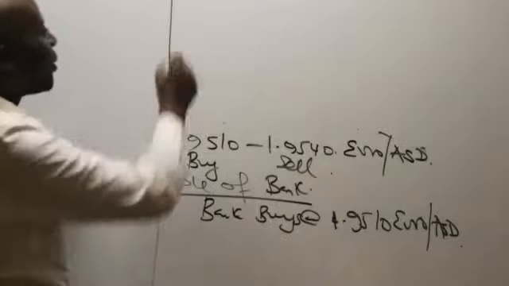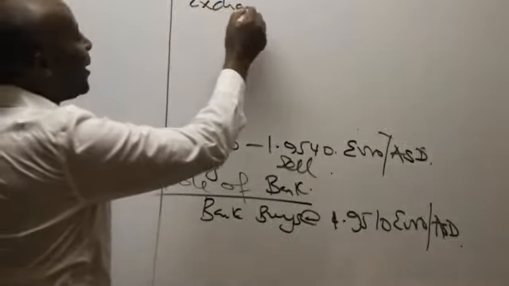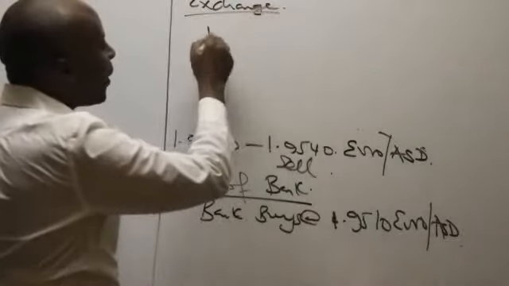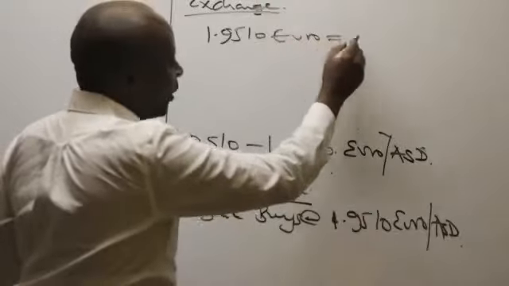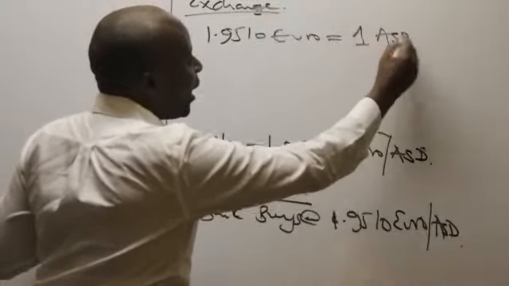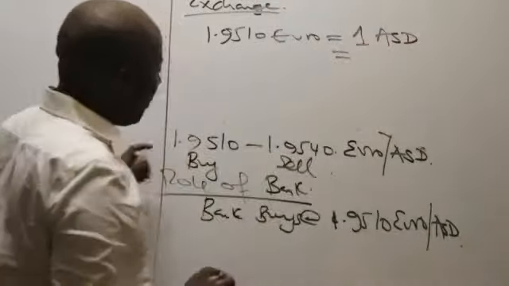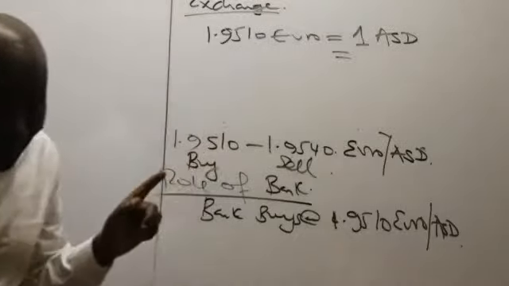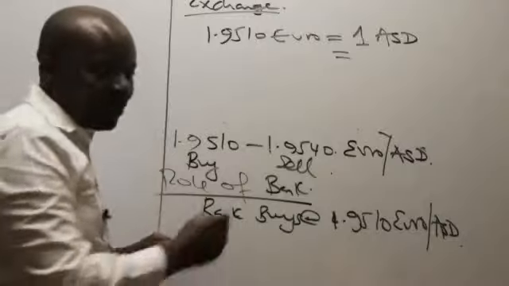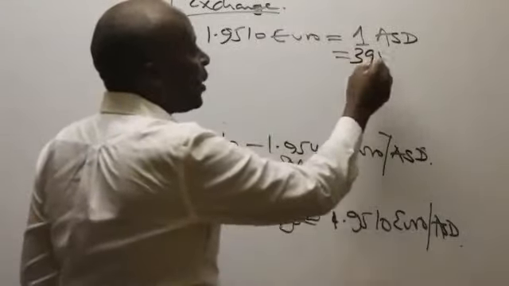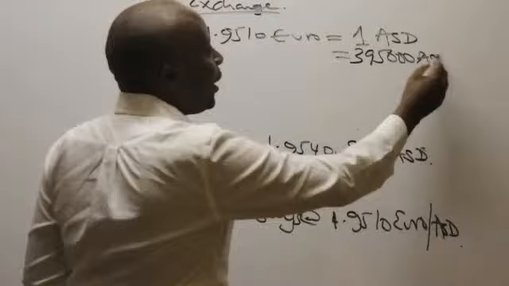So go ahead and exchange. So we have 1.9510 euro equals 1 Australian dollar. How many dollars? It's equal to 395,000, isn't it? 395,000 Australian dollars.